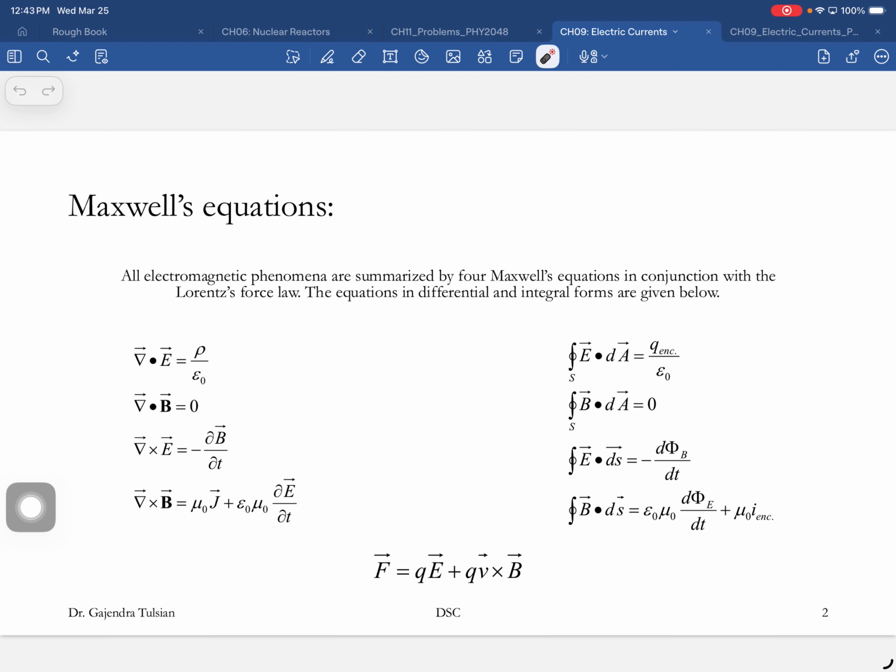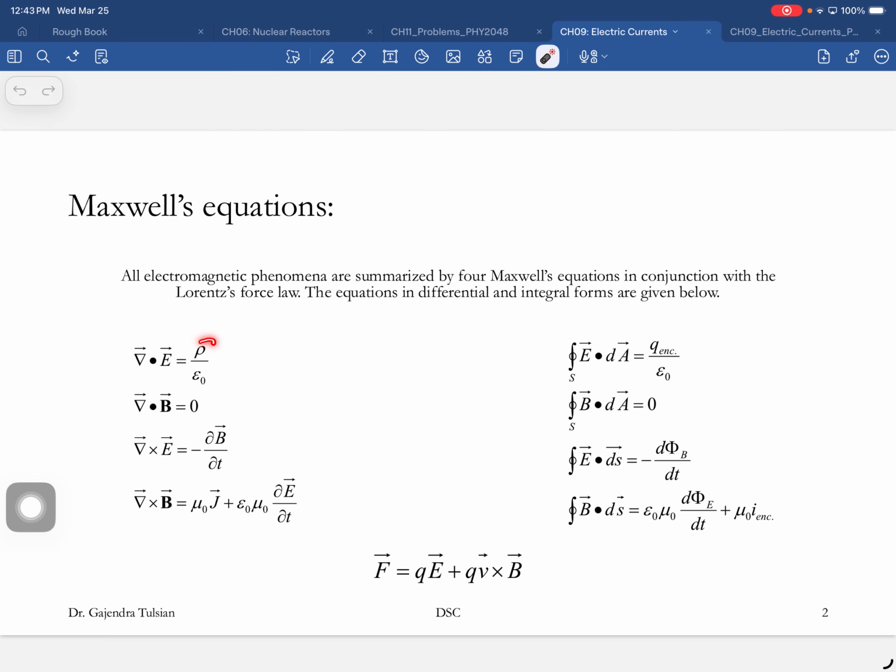I'm just showing this to you because you'll see these in your engineering courses. These are called Maxwell's equations, and they summarize pretty much everything that you study classically, all electromagnetic phenomena. I'm just going to tell you a couple of things.